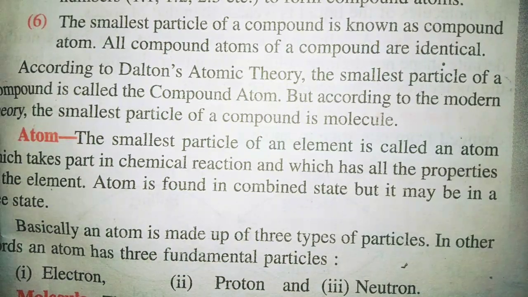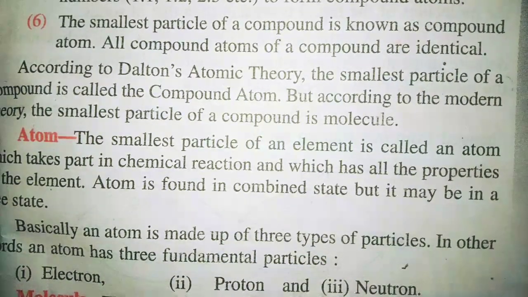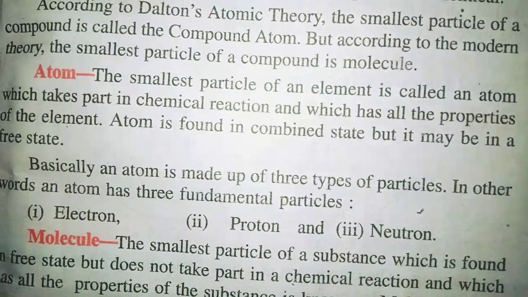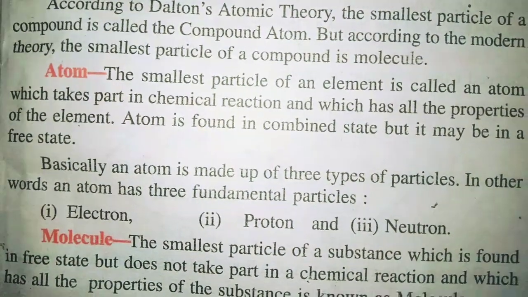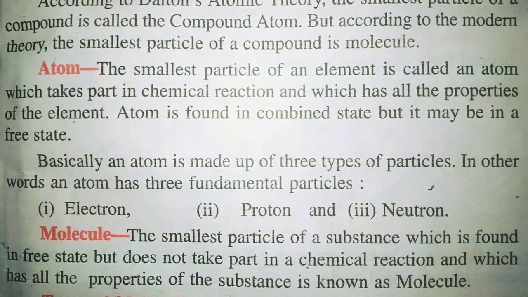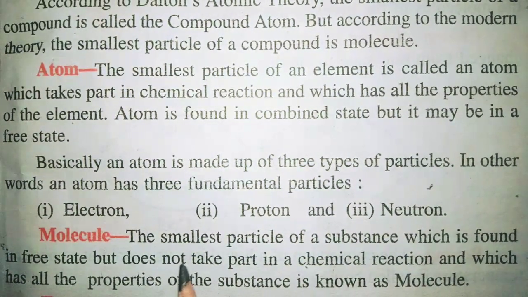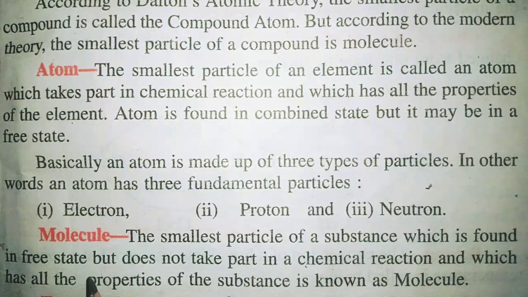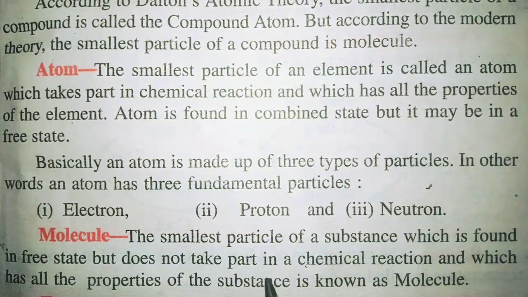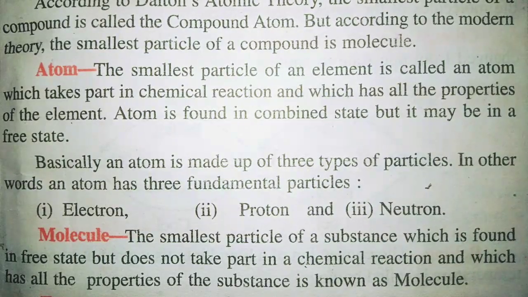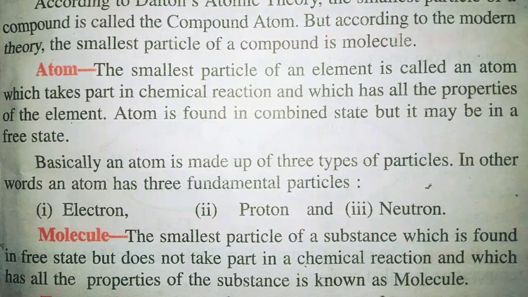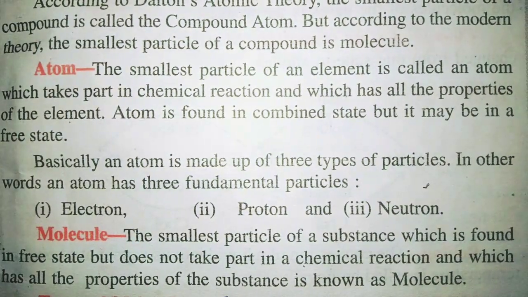Now we will be dealing with the molecule, that is the smallest particle of a substance which is found in a free state, does not take part in a chemical reaction and has all the properties of the substance.